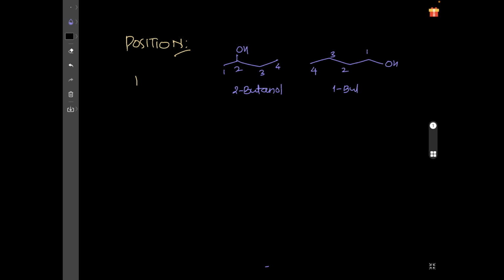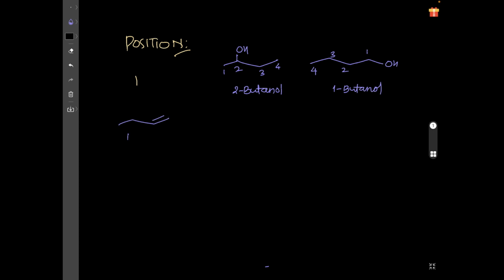Position isomers. The name itself indicates the position will be different. Compounds having the same molecular formula but different position of functional groups. For example, OH: 1-butanol, and this compound is 2-butanol. The position of the functional group is different.